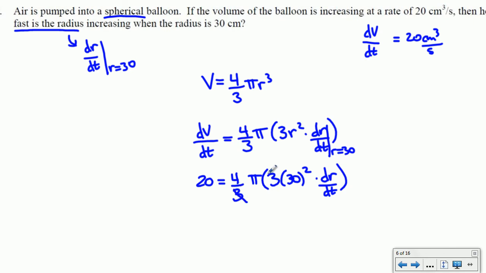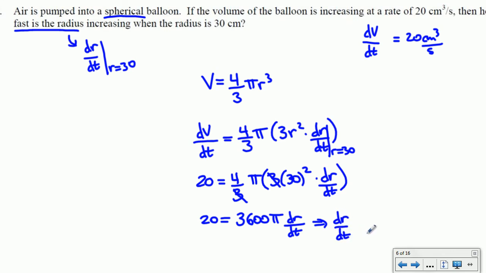So 4/3 times 3 is just 4. And then 4 times 30 squared would be 3600 pi dr dt. And now the last thing that we need to do is isolate for dr dt. So we can divide both sides by 3600 pi.